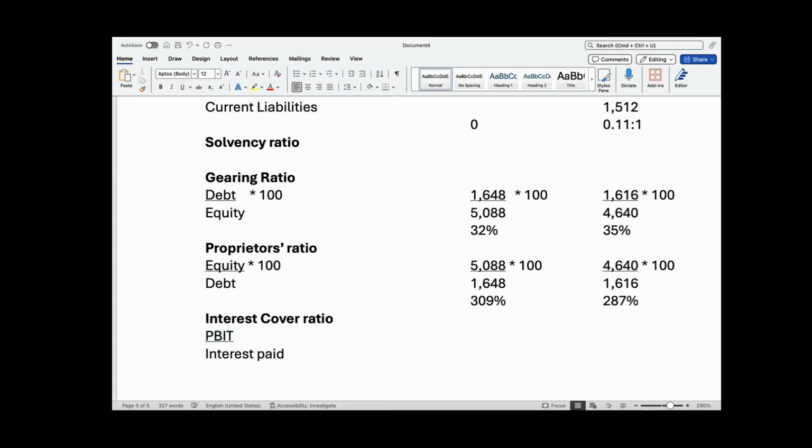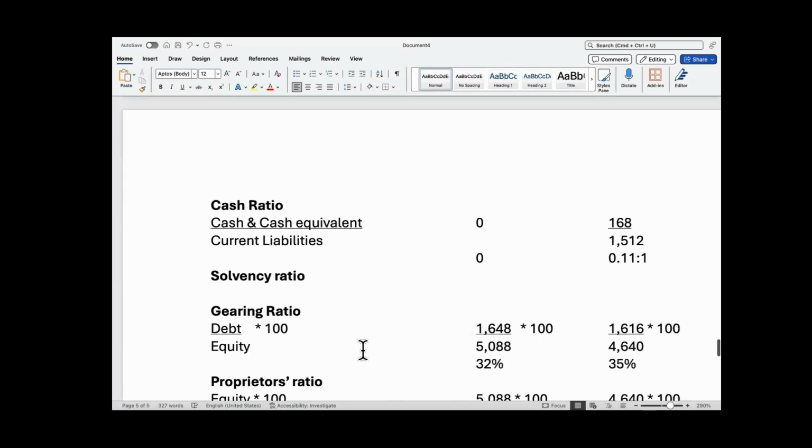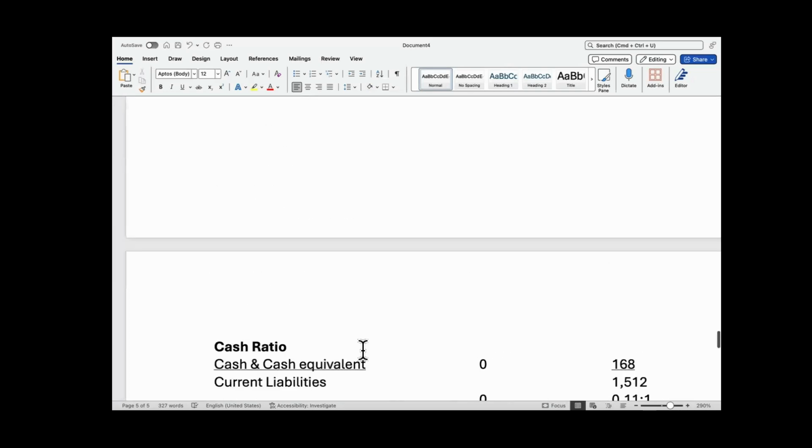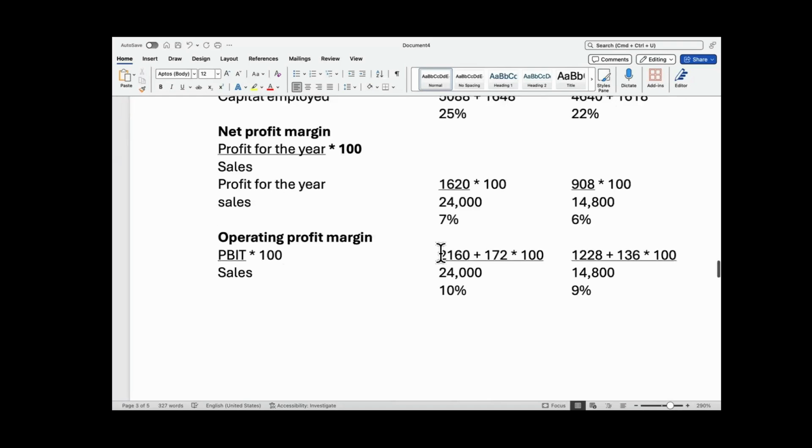What was our profit in 2023? Profit before interest and tax. We computed it here, 2332. Okay.